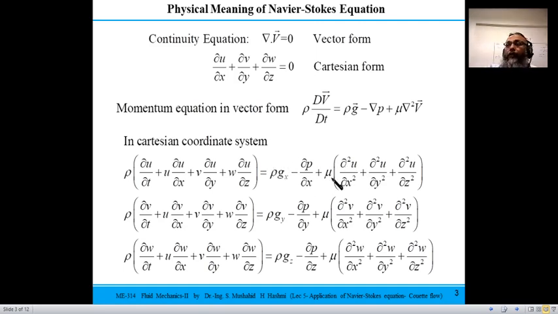Another assumption we have taken concerns the viscous term. We have used the Stokes hypothesis, which relates the shear stress acting on the fluid element to the velocity gradients.